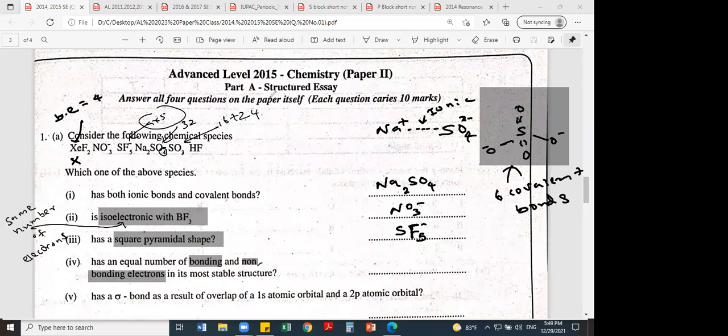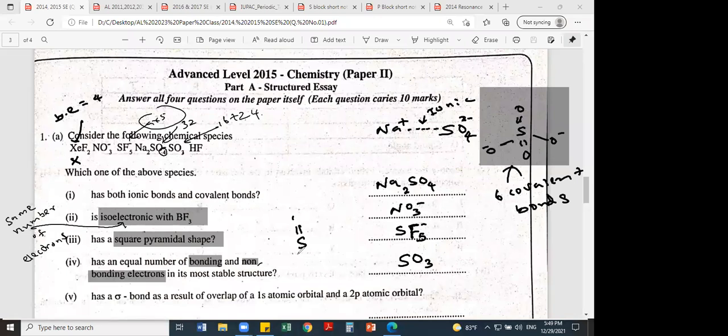I think one of you gave SO3. That's correct. Part 4 SO3, correct. Seshan, part 4 is not HF. HF cannot be accepted. SO3, correct. Let's see. SO3, how to do the structure?